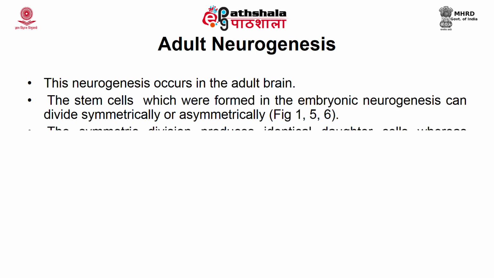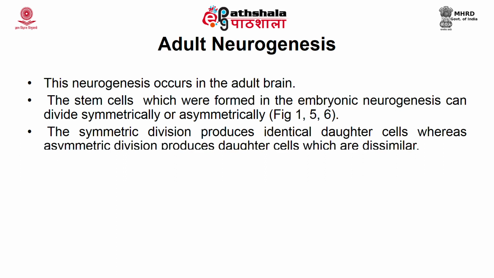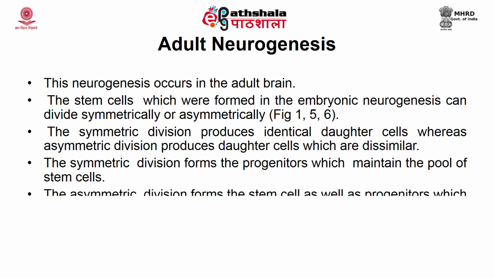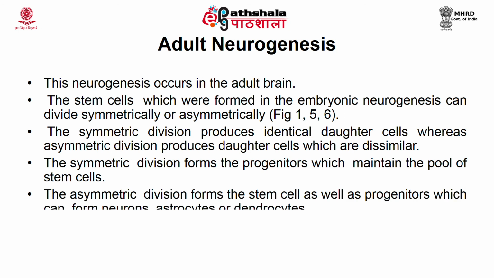The symmetric division produces identical cells, whereas asymmetric division produces daughter cells which are dissimilar. The symmetric division forms the progenitors which maintain the pool of stem cells. The asymmetric division forms the stem cells as well as progenitors which can form neurons, astrocytes or oligodendrocytes.